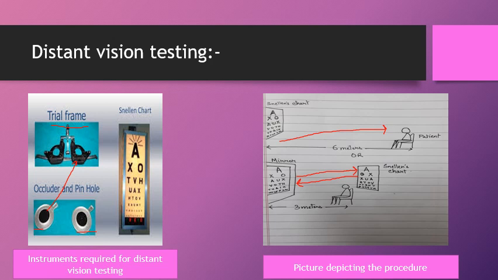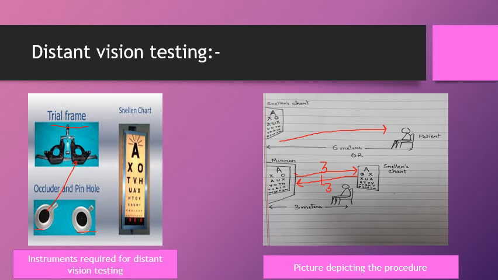The distance between the Snellen's chart and the mirror is 3 meters, and the patient is asked to sit 3 meters from the mirror. So the total distance here becomes 6 meters at which the examination will take place.